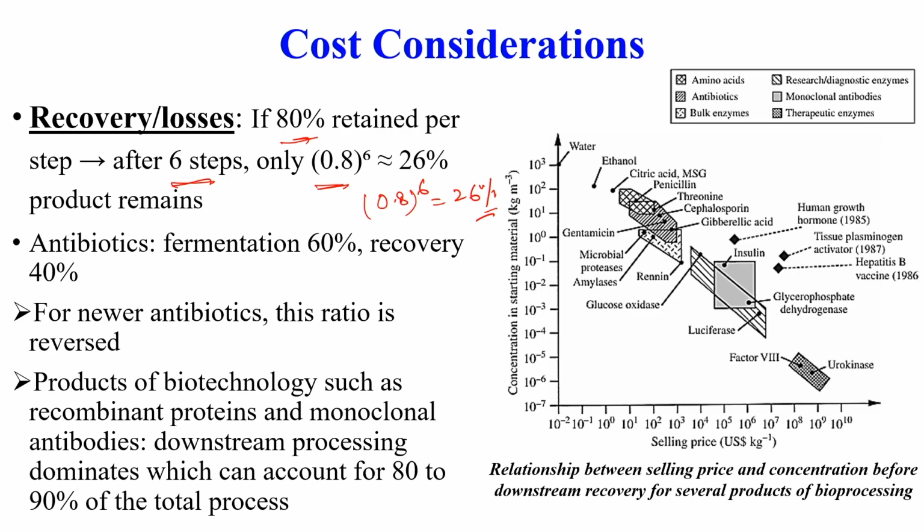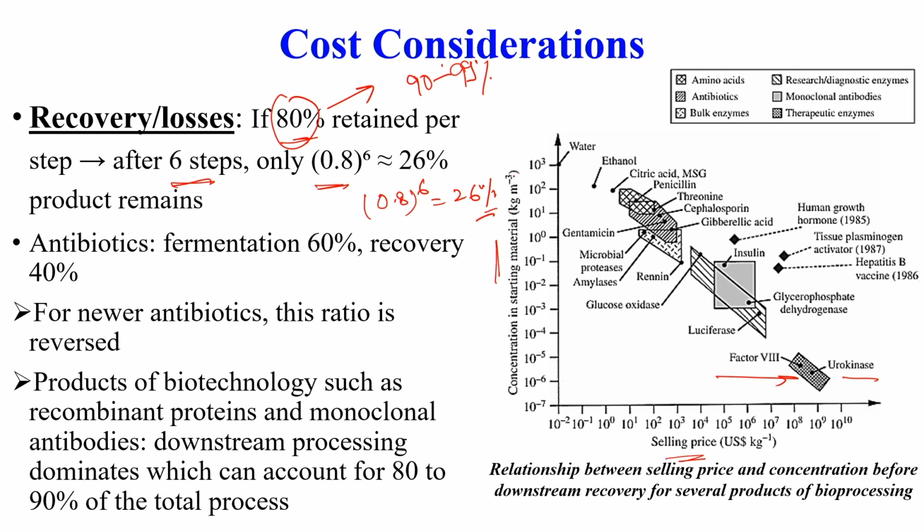At the same time, this efficiency should also be upgraded to close to 90 to 99% or so. So, here you can just see the selling price and the concentration in the starting material in kg per meter cube. When this concentration is very low, you can see the selling price is too high, as for urokinase.